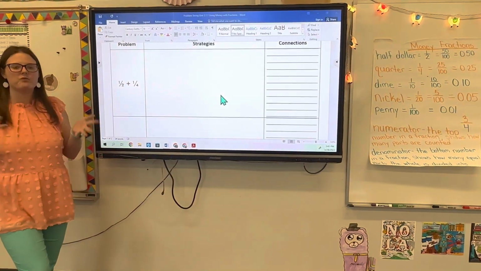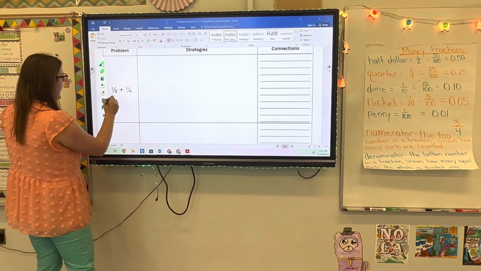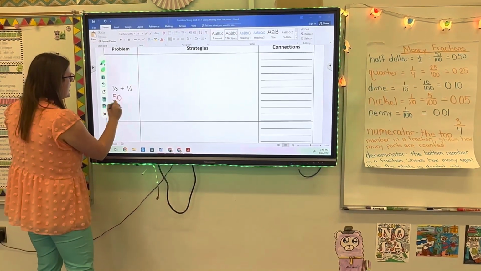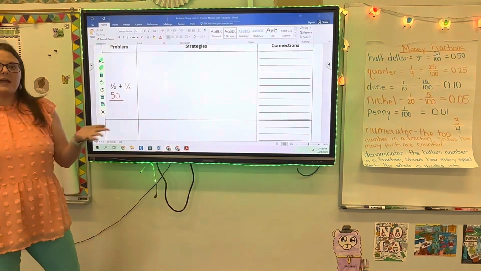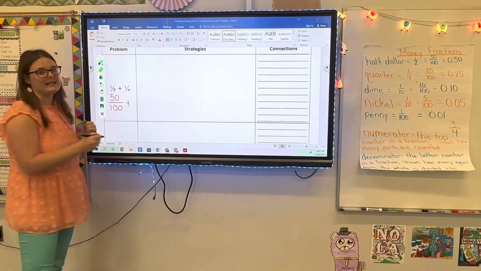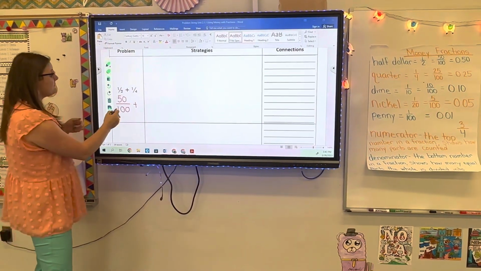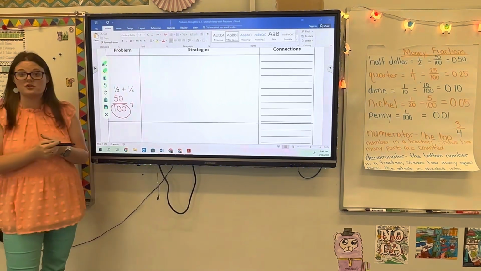If I have a half, what do I have? Well, if I have a 50 cent piece, I have 50 cents. And how much do we need to make $1? Well, we have to have 100. So 100 cents. 50 hundredths is equivalent to a half. So we got our denominator as 100.